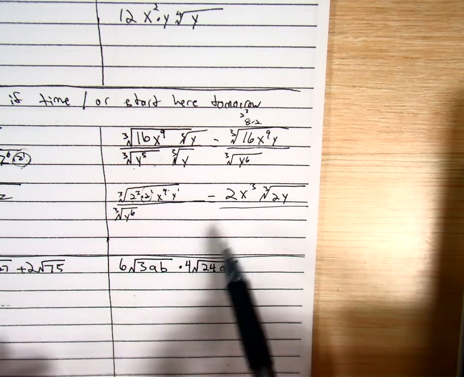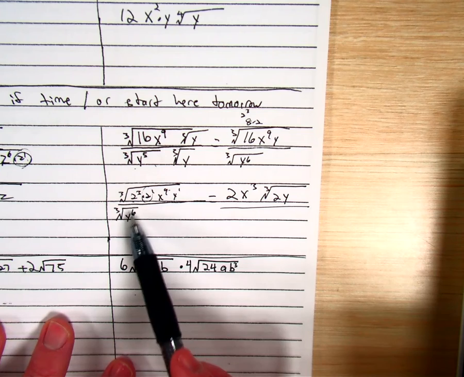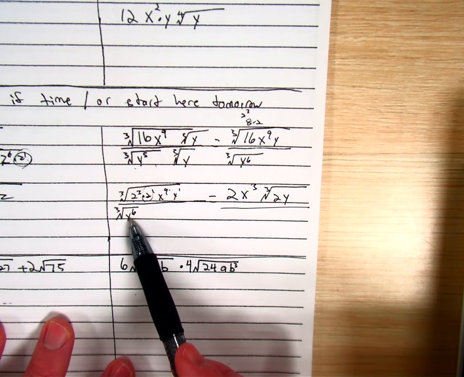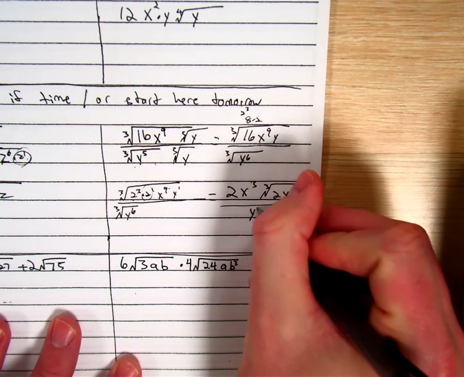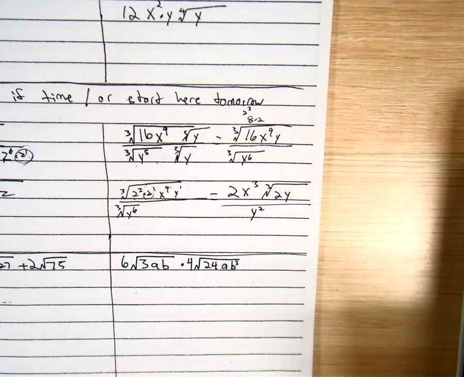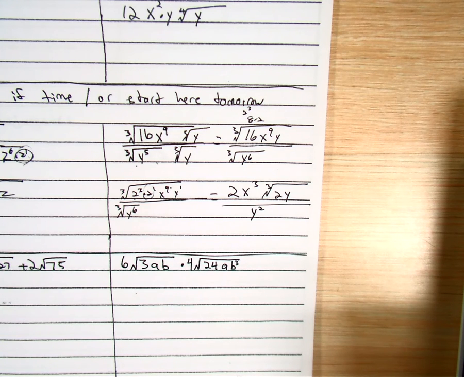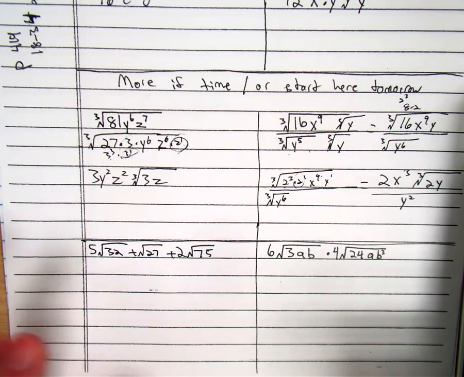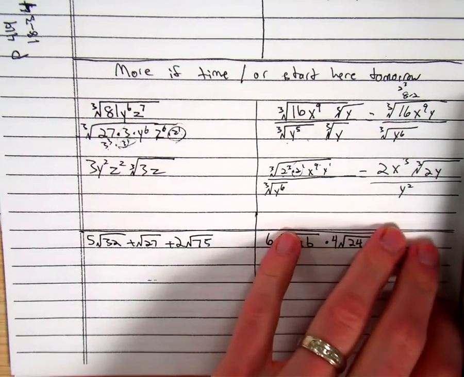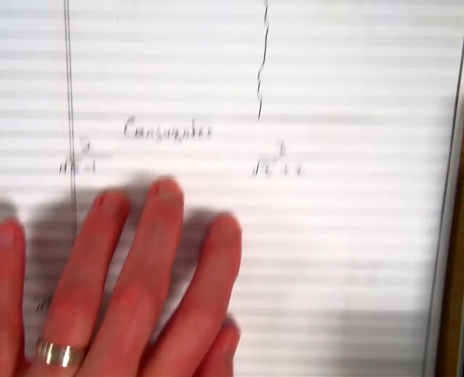The whole point of doing all this was to make it so this one would come out nice on the bottom, and we'll have y squared on the bottom. Pretty nice. I think we're going to be okay with just those two for today. We'll move on and get into the actual new stuff for today.